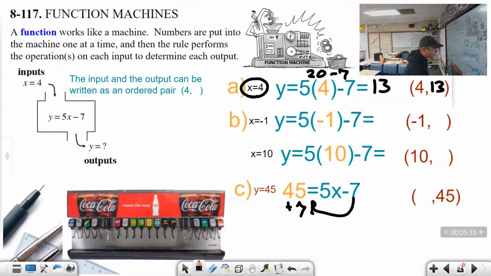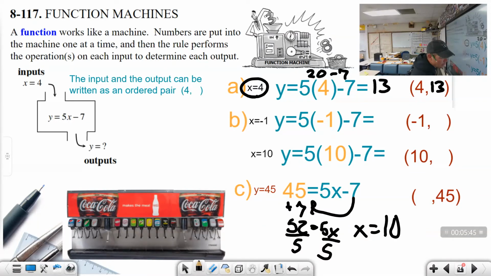That's going to be add 7 to get 52 equals 5x. Let's see, I'm going to regroup, divide by 5, x equals 10 and 2/5 left over. Now that would be my input. Sorry, that doesn't want to move for me.